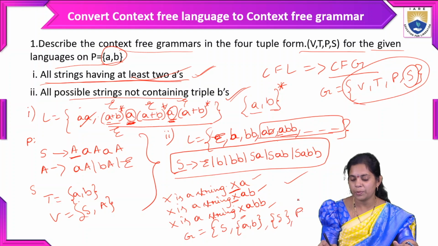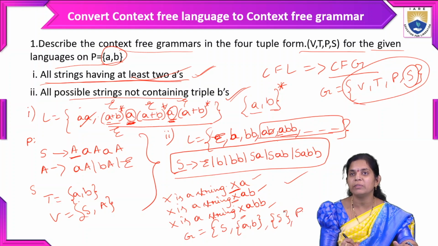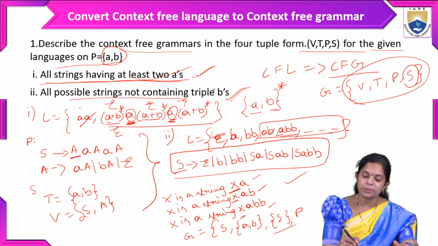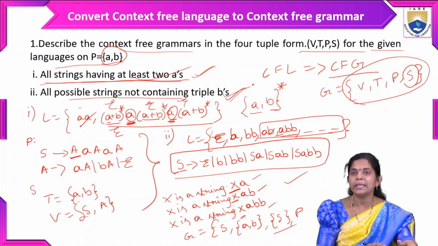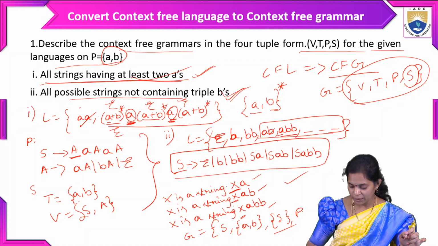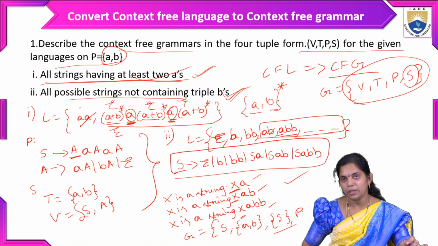This is about all the possibilities of strings not containing triple B's. So these are the two examples of the language. The input is a language and we need to convert it to a context free grammar. So this is one type of example.